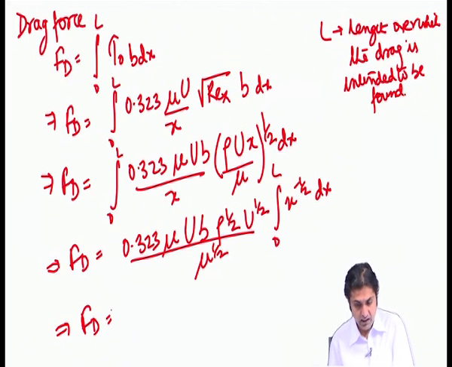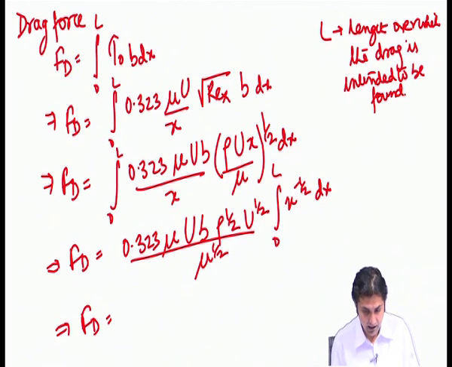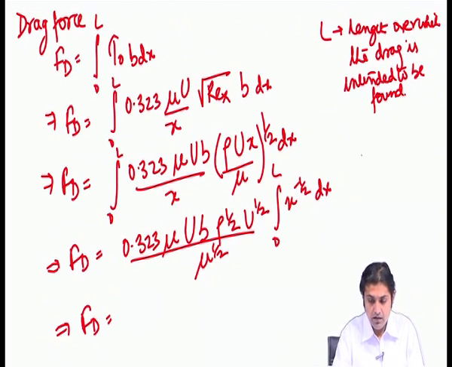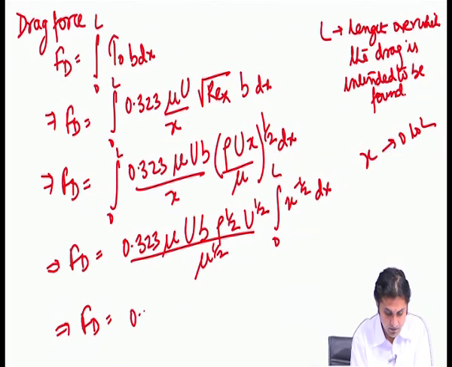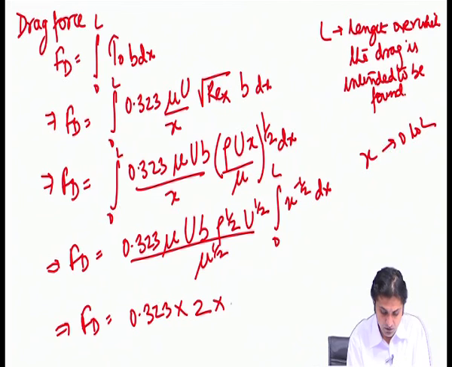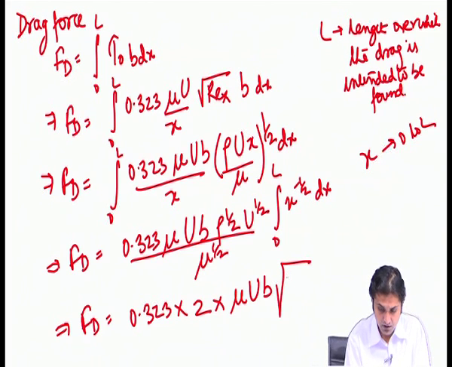So after integrating and substituting the limits of x from 0 to L, Fd will be 0.323 into 2 into mu capital U b, into under root rho U L by mu.